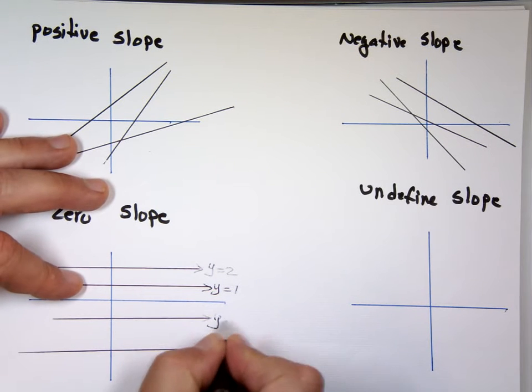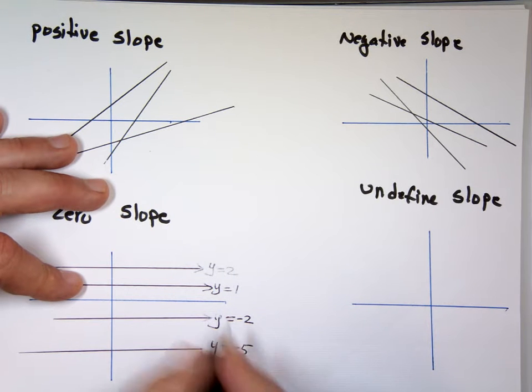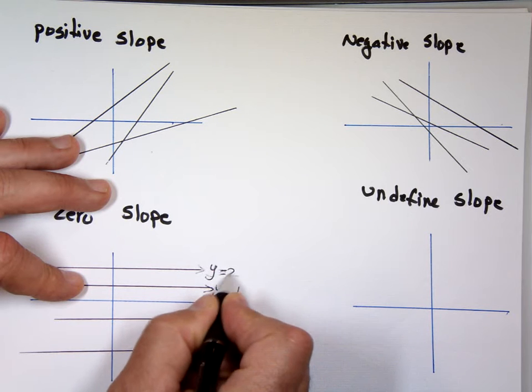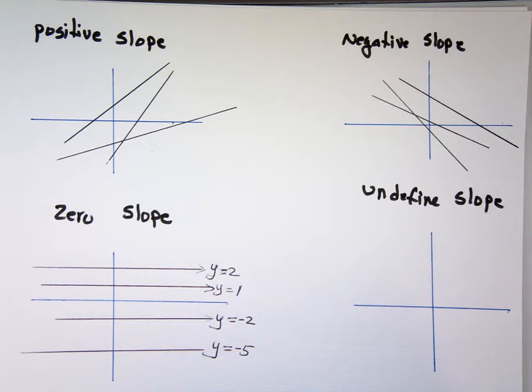Y equals negative 2. Y equals negative 5. If you have a problem like this, you have zero slope. The slope is the steepness, the pitch. There is no steepness here, it's flat.